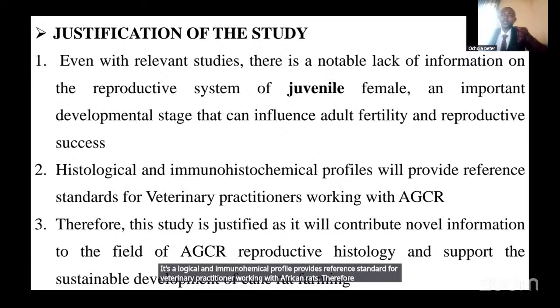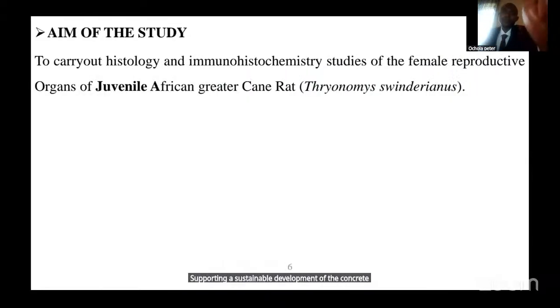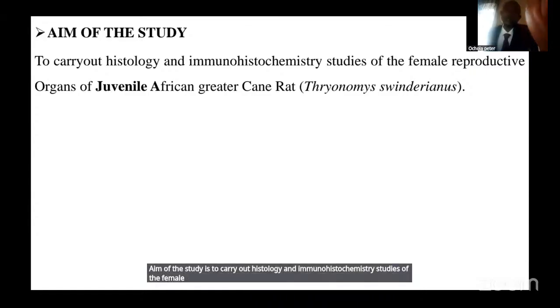Therefore, this study is justified as it contributes novel information to the field of African greater cane rat reproductive histology, supporting the sustainable development of African greater cane rat farming. The aim of the study is to carry out histology and immunohistochemistry studies of the female reproductive organs of the juvenile African greater cane rat.